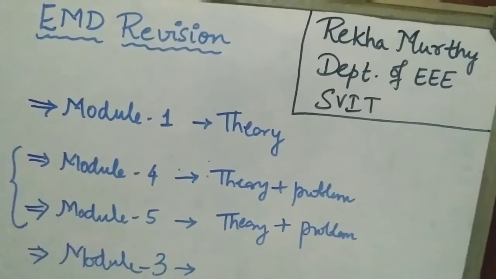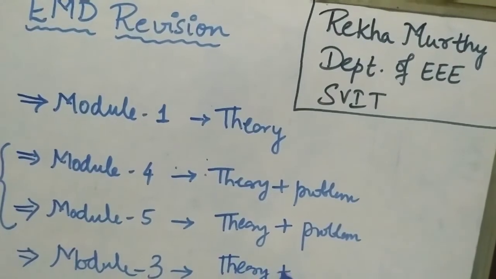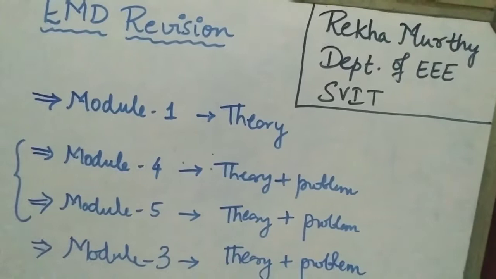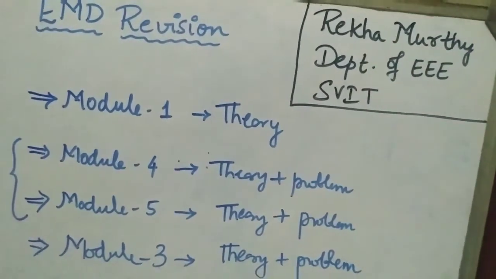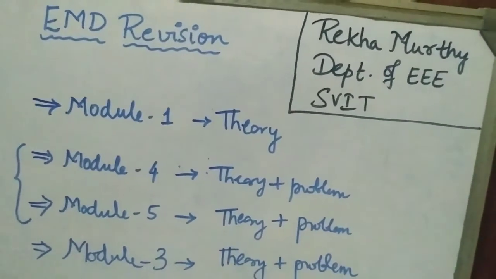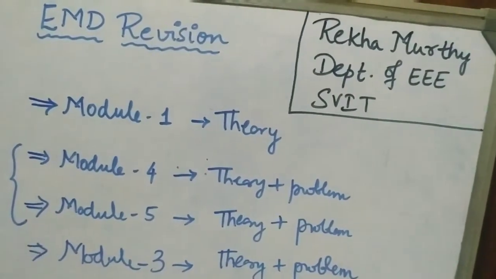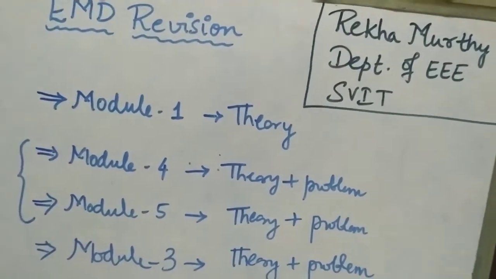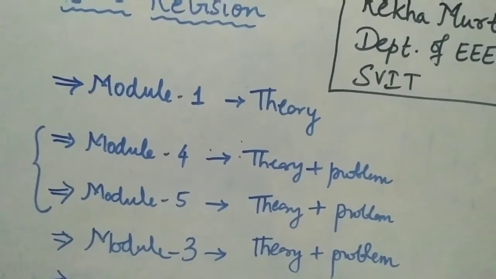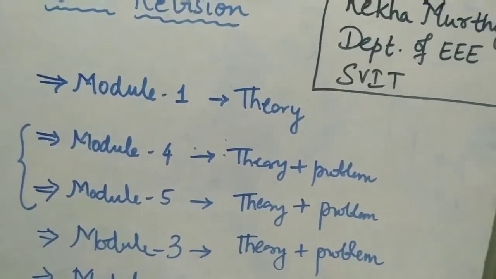In module 3 also the question paper setup will be almost similar: the theory plus 1 problem, right? All the standard problems which we have solved in the previous year question papers will be almost similar, only the values will be different, right? So after getting through module 3, we can also go for module 2.